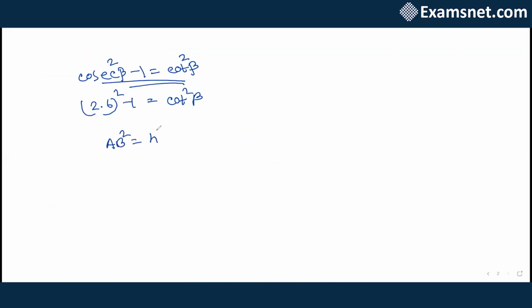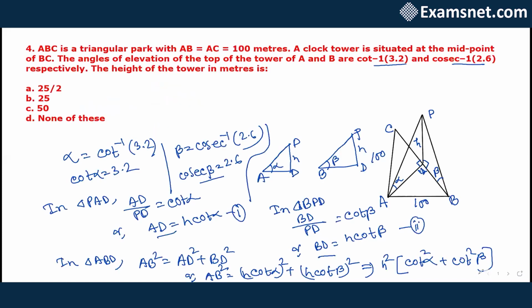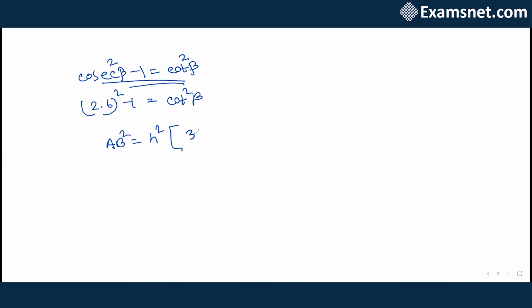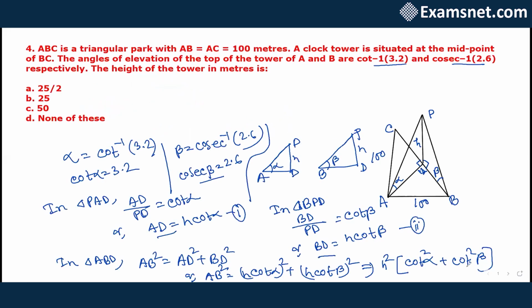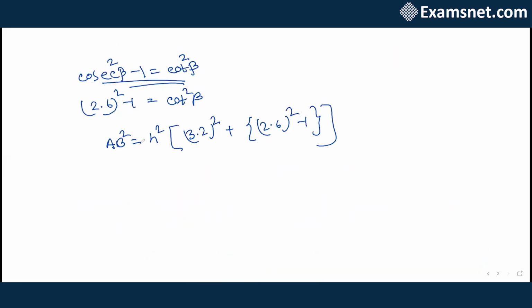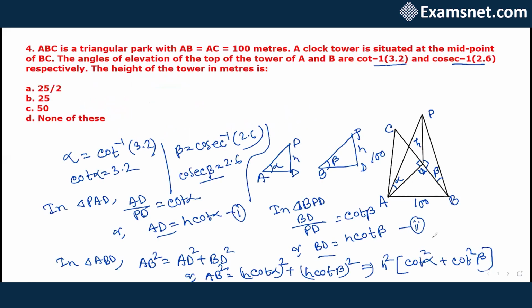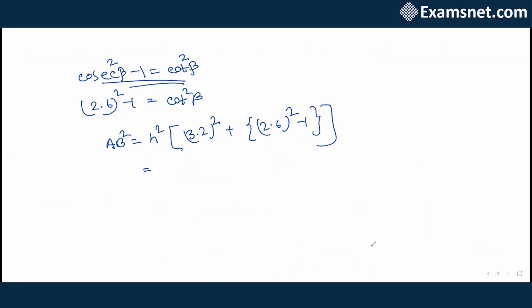H square. Now cot square alpha means 3.2 whole square plus 2.6 whole square minus 1. Okay. Yes. So let's do the further calculation. Also, we are given the value of AB as 100.